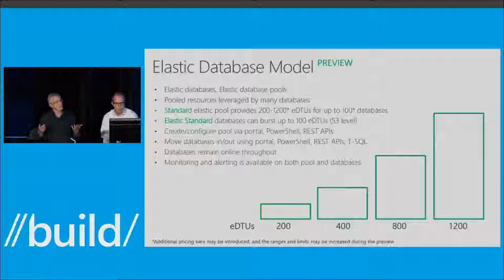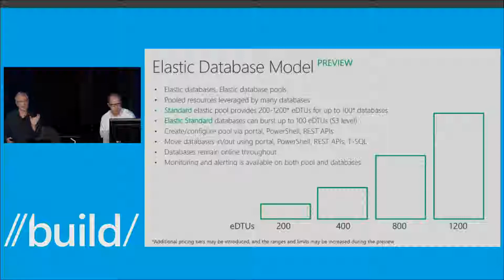So we're introducing, and this goes into public preview at this conference. We announced it, and it's now available for use. And indeed, we're using it. The demo application is running against a pool of databases that you've seen here. We have started in the preview with just the standard elastic database and the standard elastic database pool.